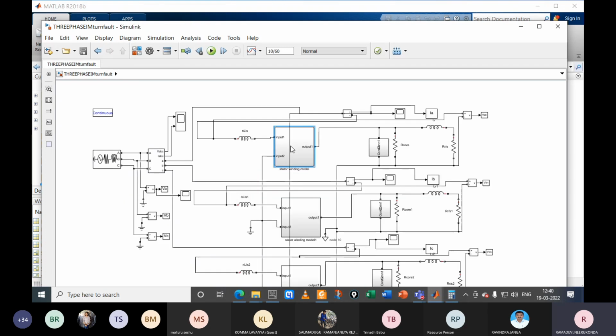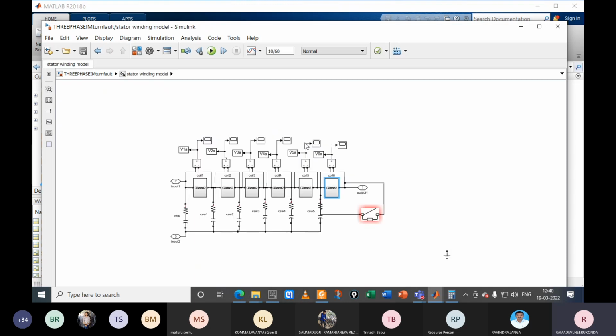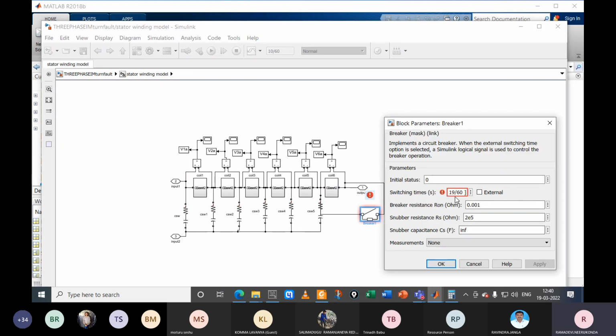Here the fault is created with the help of a breaker. The switching interval we give here is 19 by 60. That is the instant at which the switching action happens for the circuit.